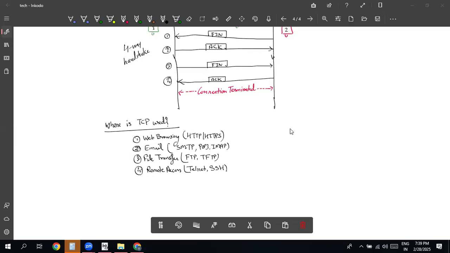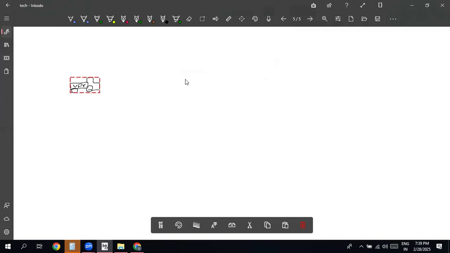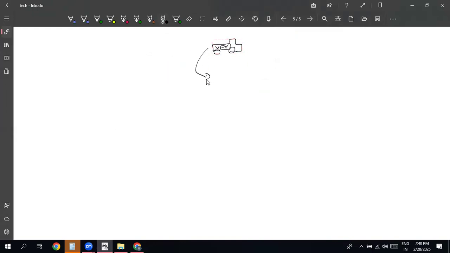Okay. Now, after TCP, another protocol that we have is Mr. UDP. UDP stands for User Datagram Protocol. Unlike TCP, UDP is a connectionless protocol.